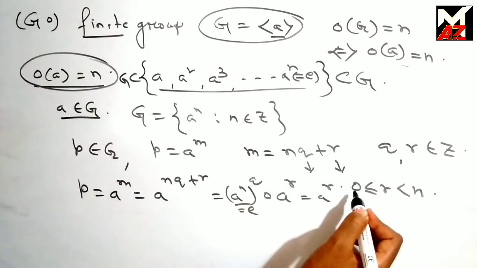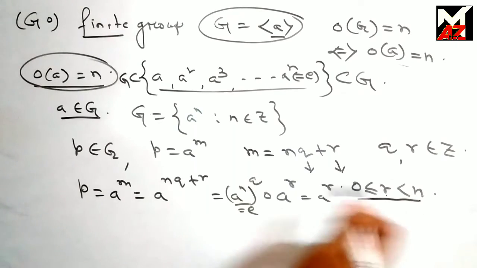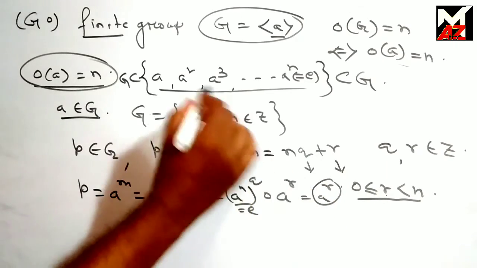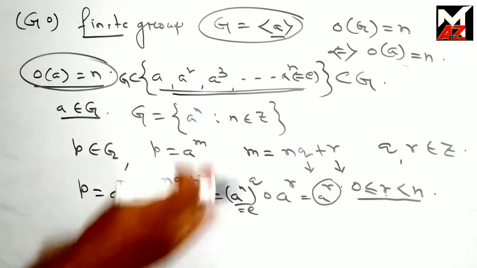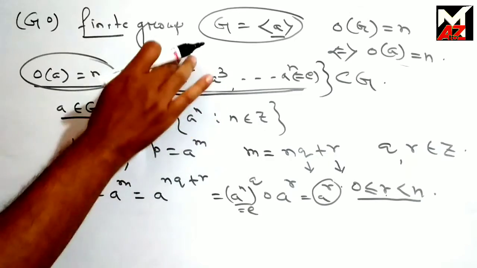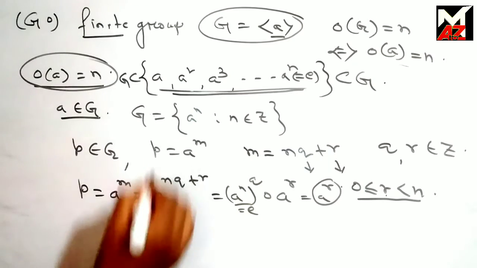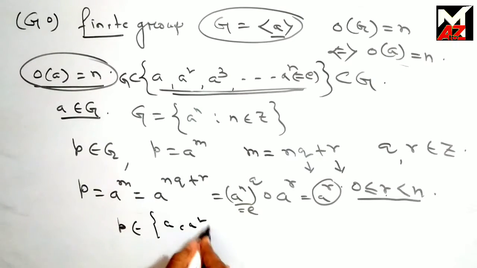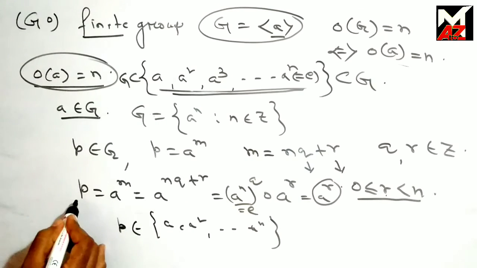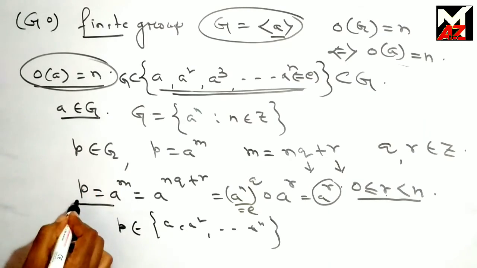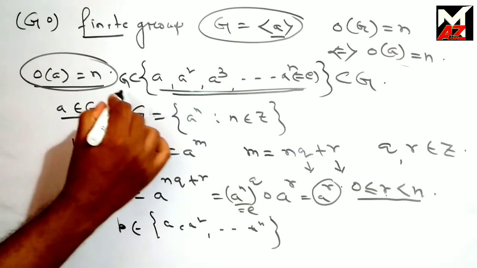And since r lies between 0 and n, A to the power r must be in this set, because all powers A to the power 1, A squared up to A to the power n lie here. So we say that P belongs to this set. And since we took P belonging to G and proved P belongs to this set, we can write this.